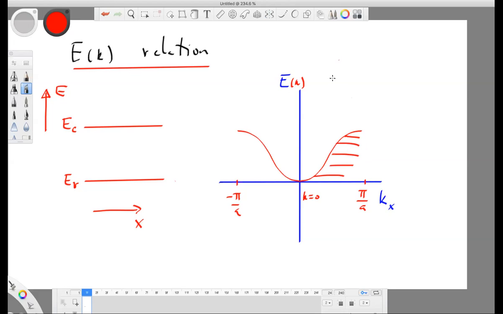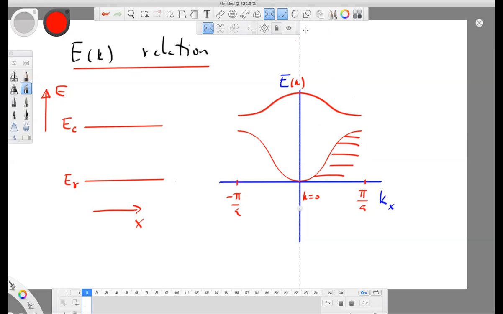Then we have a gap. Let me draw it here. We have a situation like this.